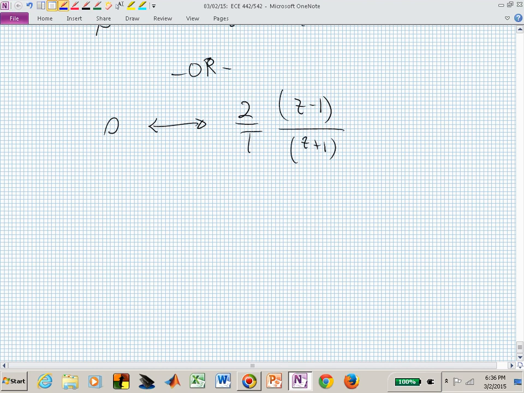Which, if we now want to use this trapezoidal rule for numerical integration, we now replace all of the s's that are in this transfer function, capital H of s, with 2 over T times z minus 1 over z plus 1.